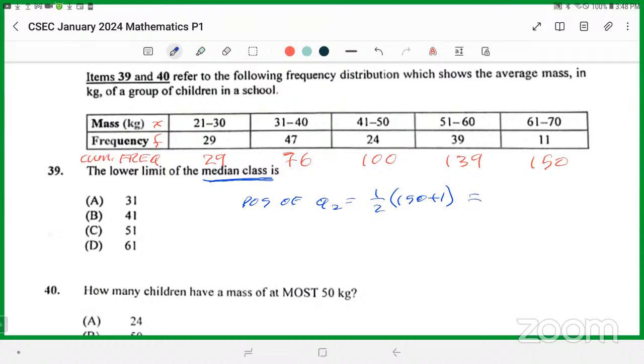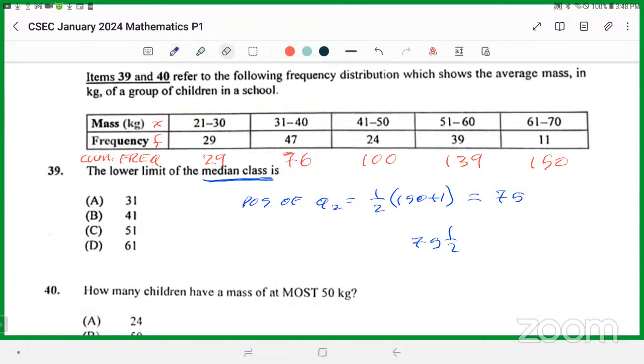That becomes 75, because half of 150 is 75, and half of the 1 is a half.